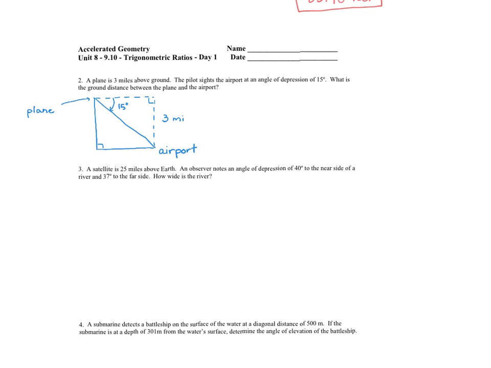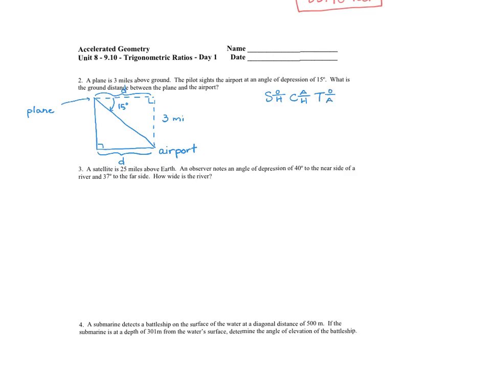What is the ground distance between the plane and the airport? Well, the ground distance would be this. But because those lines are parallel, if I want to transfer it up here, in that triangle, it would be that horizontal segment. So again, relative to my trig functions, I have my SOHCAHTOA.